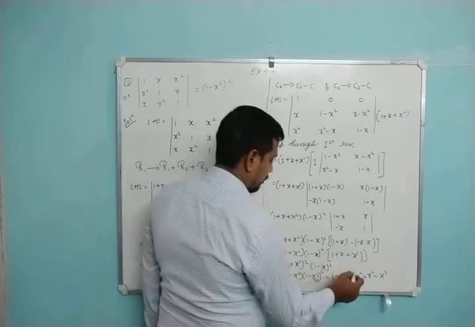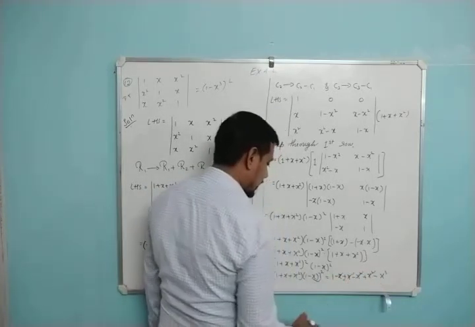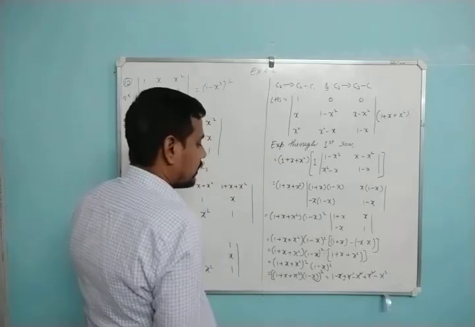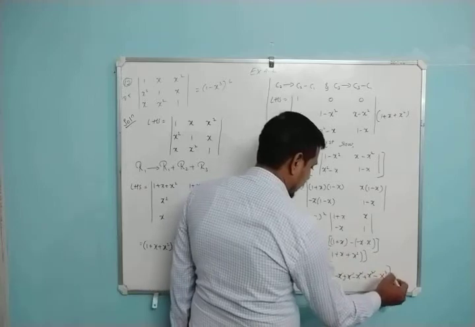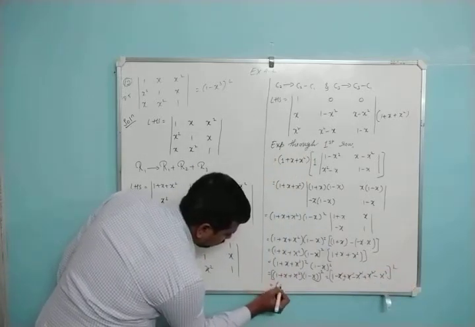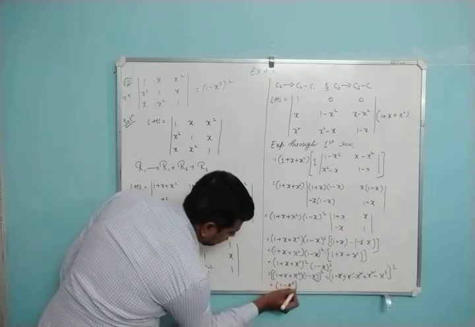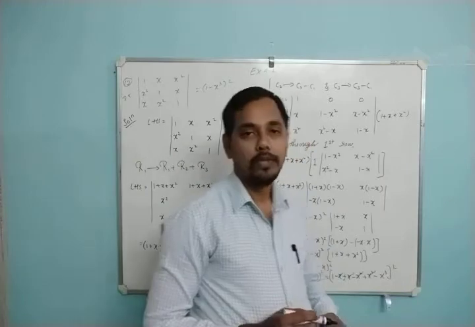So plus x, minus x cancels, plus x² minus x² will cancel, right? This one will be there inside the square. So what will we get? (1 − x³) the whole square.